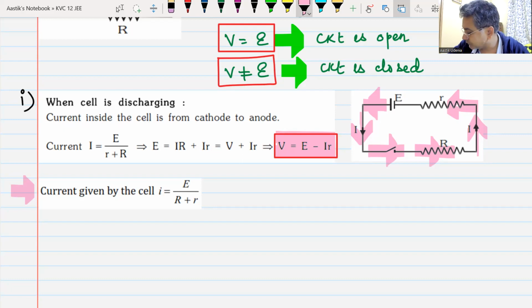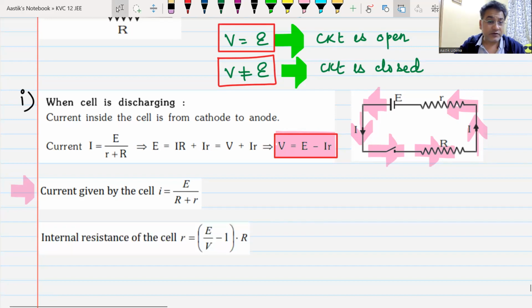Now I can put the value of I from this equation into the pink equation, and from there I will get a very important result. I can find out the internal resistance of the battery by this formula.